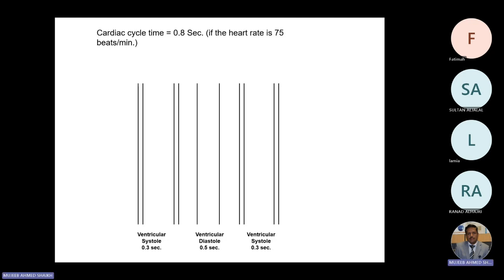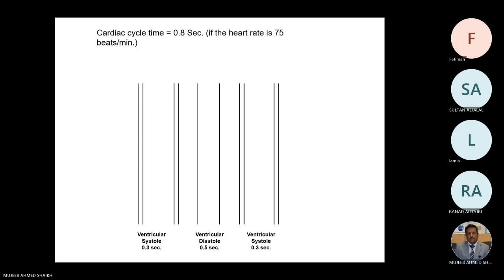Now, there are two types of chambers, atrial chamber and ventricular chamber. So we say atrial systole, that means atrial contraction, followed by atrial relaxation or atrial diastole. If we take the ventricle as the second chamber, ventricular contraction is known as ventricular systole and ventricular relaxation is known as ventricular diastole.